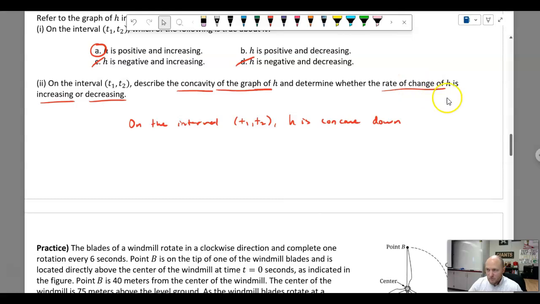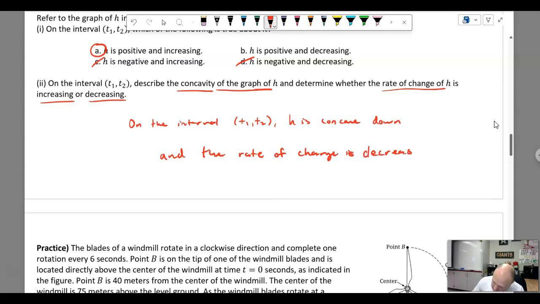So pretty easy to remember here. So on the interval T1 to T2, H is concave down, and the rate of change is decreasing. Okay, there you have it.